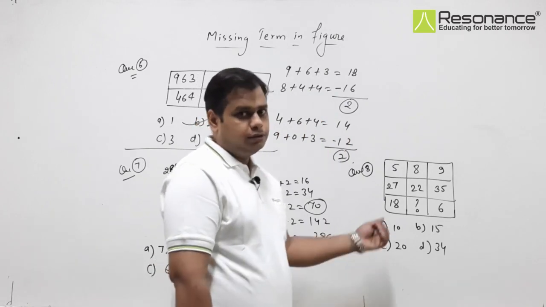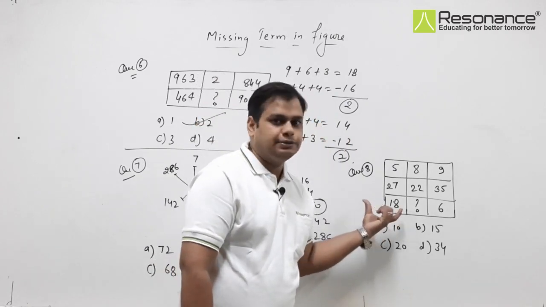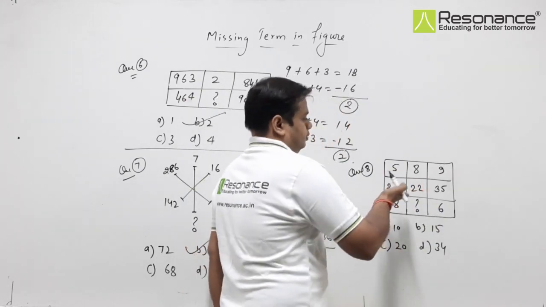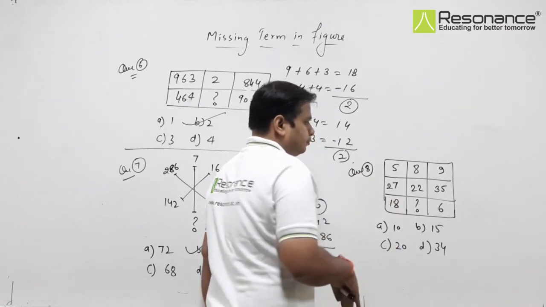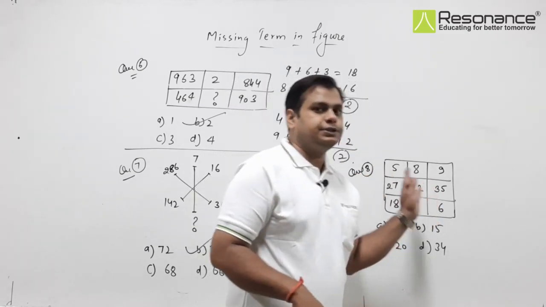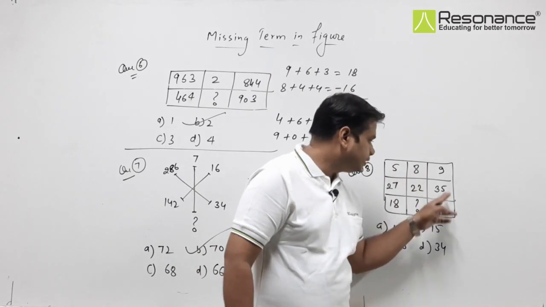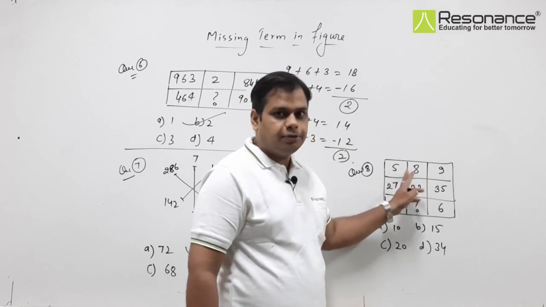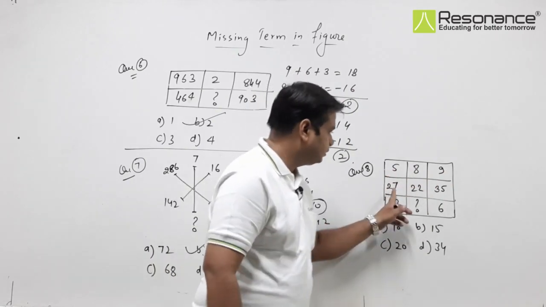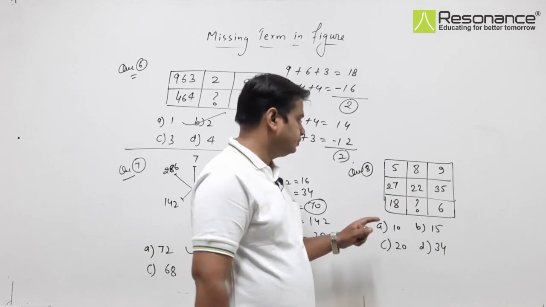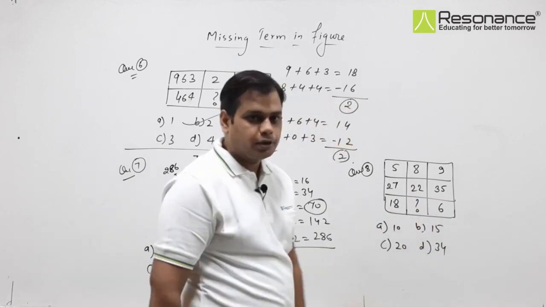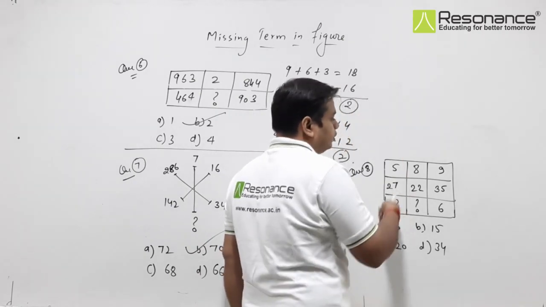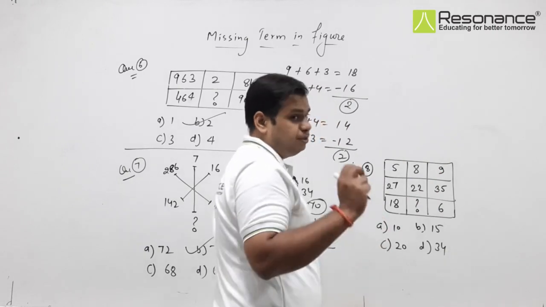Now, this type of logic is also asked mostly. Here no proper logic is applying, no multiplication, no resultant number we can see, because these are little bit related numbers with a little bit of difference. So in this kind of question, you have to see whether the sums of rows or columns may be equal.